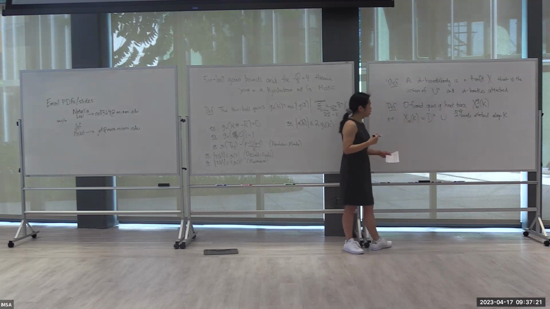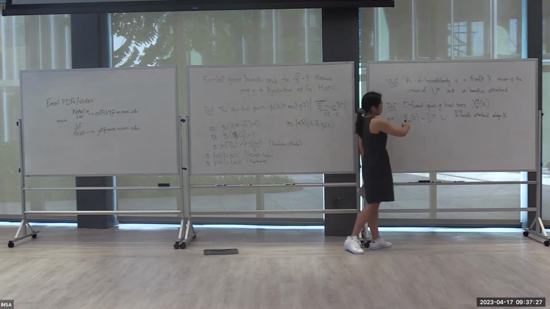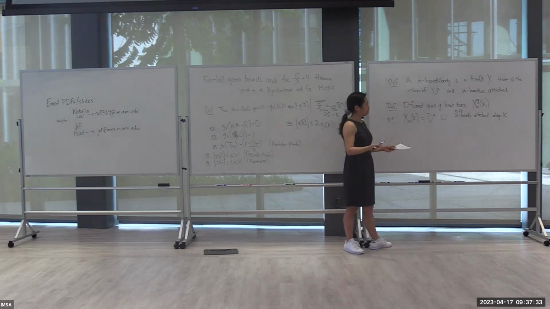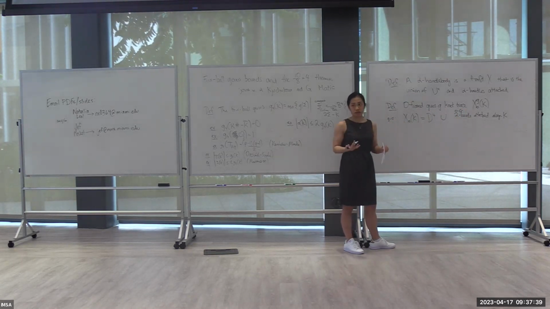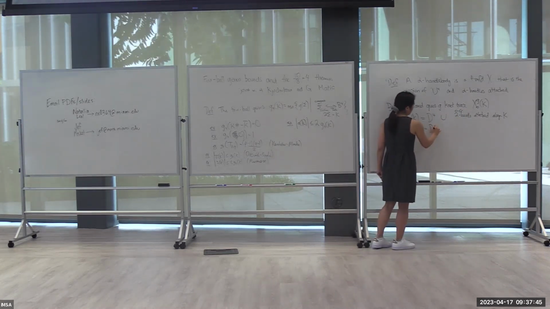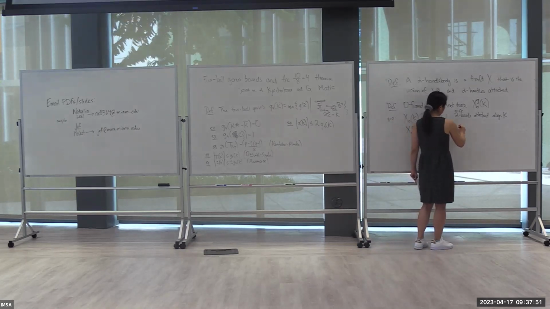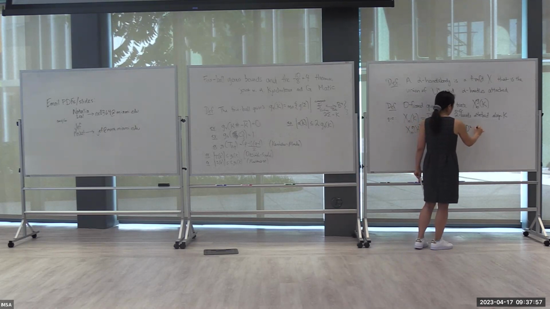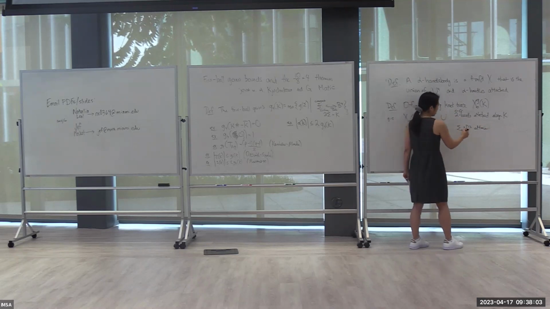This two-handle attachment is when you're gluing on a D2 times D2. But for the higher genus analog of this knot trace, you can glue on a copy of a surface times D2, where the surface is a compact oriented surface with one boundary component. This is a higher genus handle attachment.